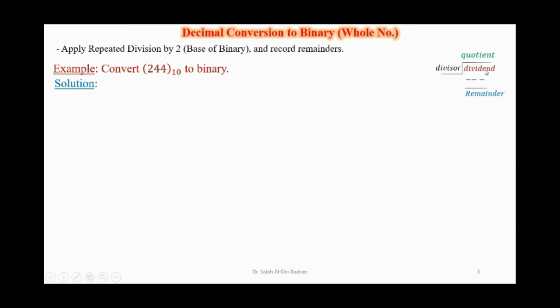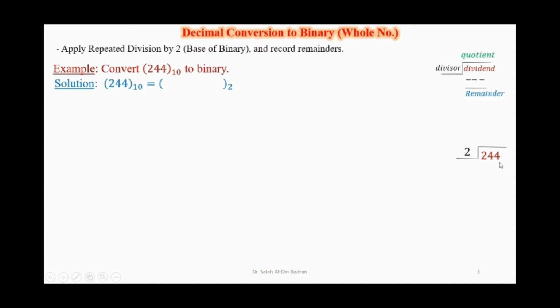We call this number the dividend, this one the divisor, this result the quotient, and this result the remainder. 244 is divided by 2. Why 2? Because we want to convert it into a binary number, and we remember the base of the binary number is 2. This is why we used 2 as the divisor.